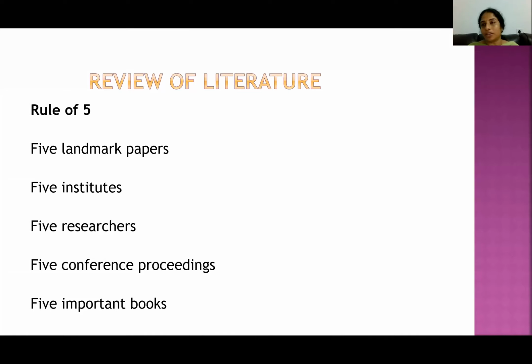And 5 important books. Suppose you are a medicine PG studying thyroid disease or thyroiditis. Harrison should be referred to because Harrison is your standard textbook. So when writing a review of literature, I shift it to the rule of 2 instead of the rule of 5. You should quote 2 landmark papers, 2 institutes, 2 researchers, 2 conference proceedings, and 2 important books.